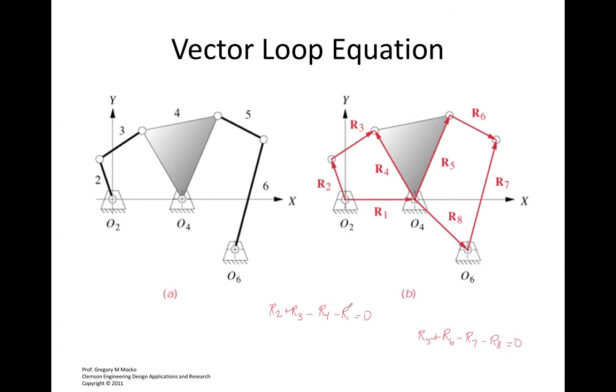Again, a couple notes on this. This first vector loop is easy to solve. It's easy to solve because the x-axis is in line with R1. So in this case, theta 1 is equal to 0. The second vector loop is a little bit more difficult to solve because if we take the non-moving R8, okay, the non-moving R8 is not in line with the x-axis here.